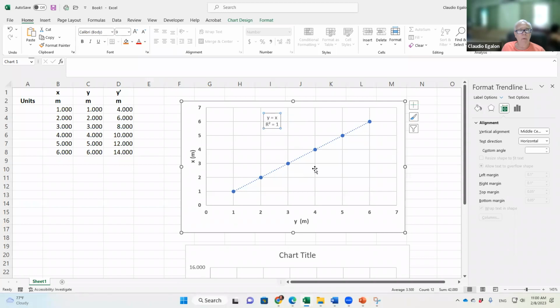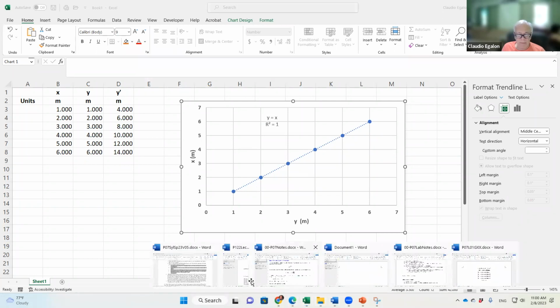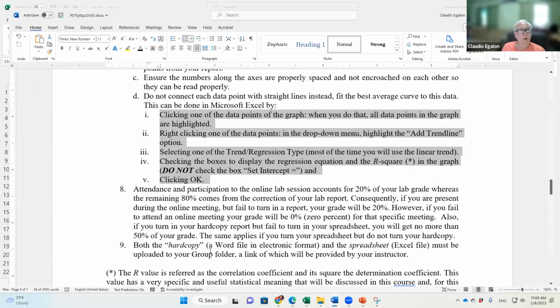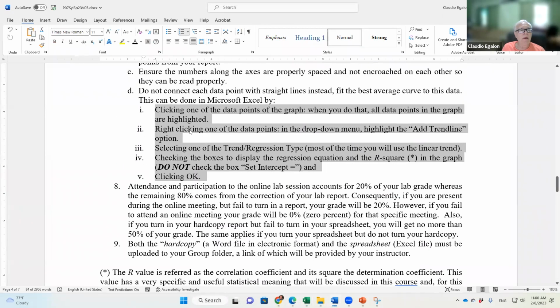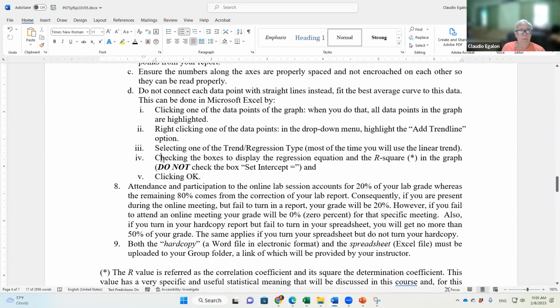Excel calculates the equation for those data points, okay? That's how you plot your graph. Do you have anything else? Checking the box to display the regression equation. Okay, so that's how you plot graphs in Excel.